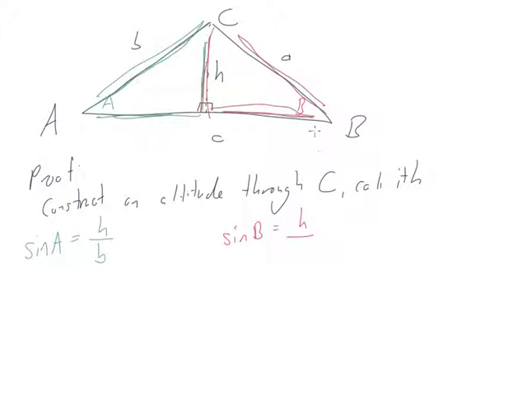And that's sine B, opposite on hypotenuse, where the hypotenuse is A. Working a little algebra magic, multiplying both sides by B here and both sides by A here, I get that B sine A equals H, and A sine B equals H. So these now both equal H. My next line of working: B sine A equals H equals A sine B.